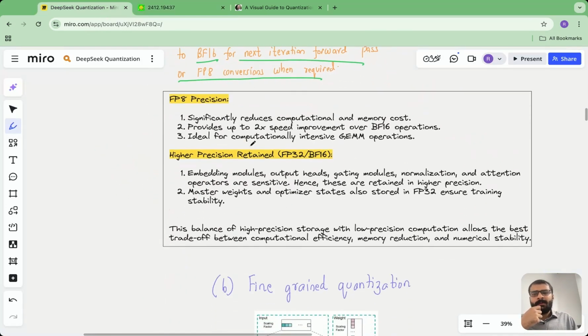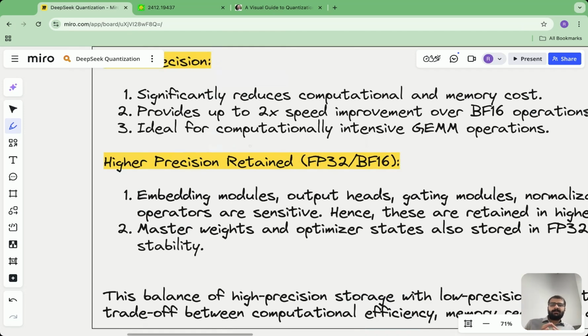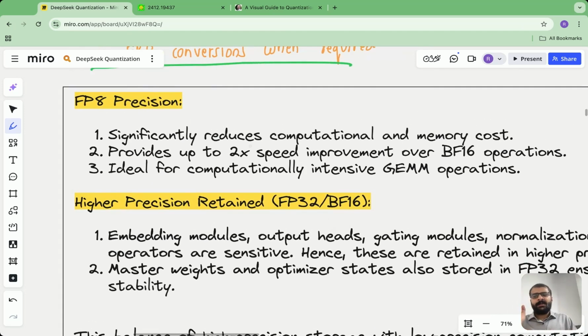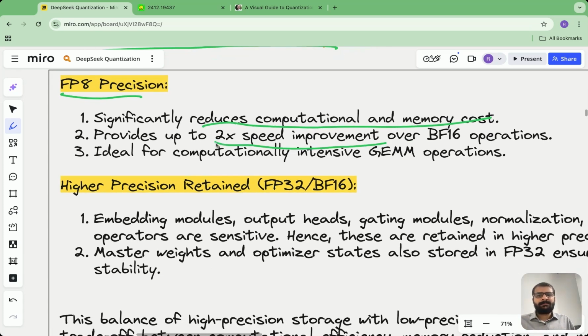And so now, if you compare the advantages of what exactly we are doing here, why do we do this mixed precision, right? So you see, we are converting several variables into floating point 8 on the go. This significantly reduces the computational and memory cost, and it provides a big speed improvement, especially compared to using BF16.